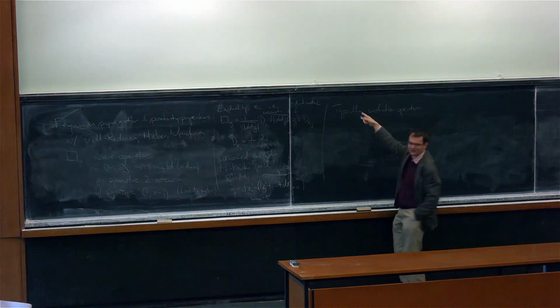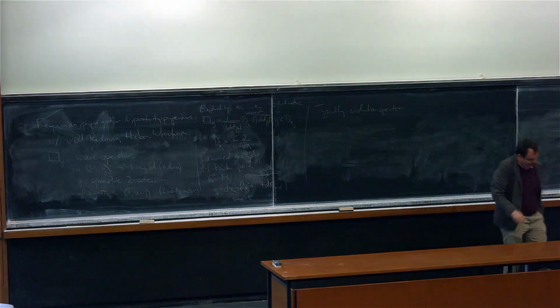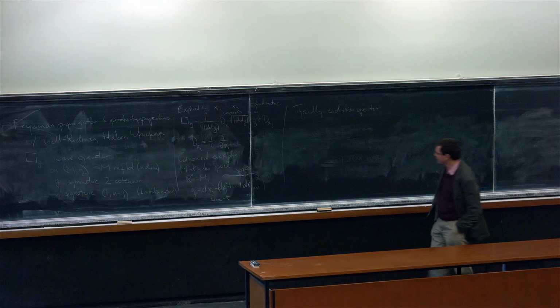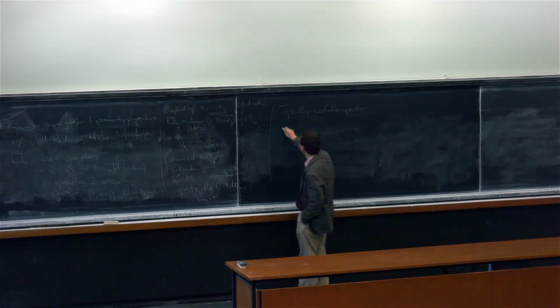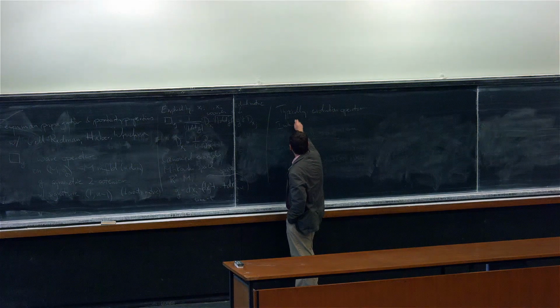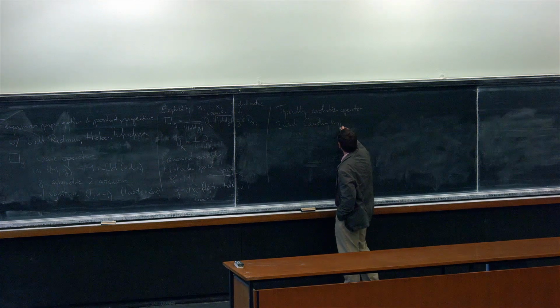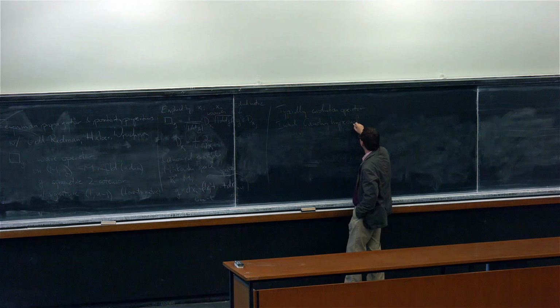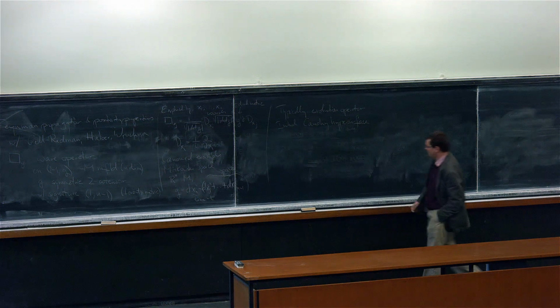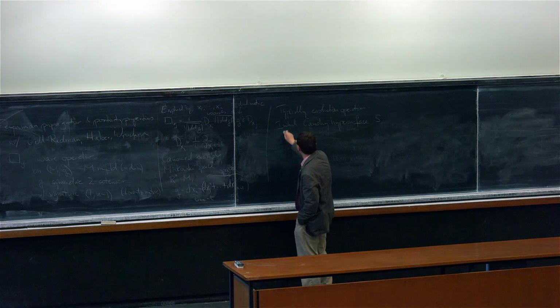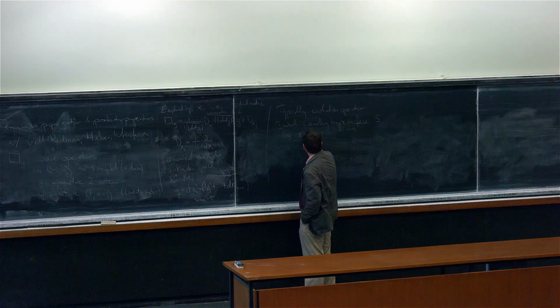That is to say, you have some initial Cauchy hypersurface, and let's call it S. For example, in this Minkowski setting, x_n equals 0.